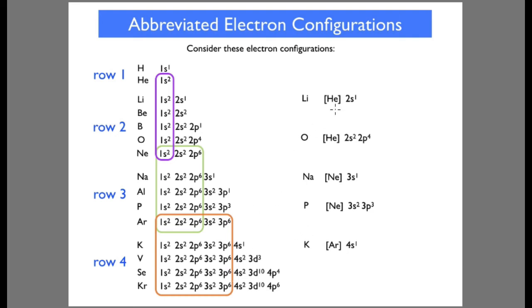It probably takes the same time to write He as it does 1s2, to be honest. But down the bottom here, it's a lot quicker to write Ar in square brackets than it is to write 1s2, 2s2, 2p6, 3s2, 3p6. Okay? And then vanadium with its valence electrons and its core argon electronic configuration. And that's selenium thrown in.